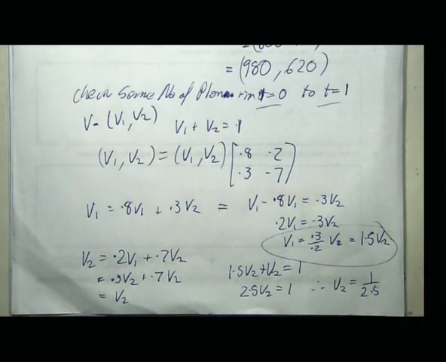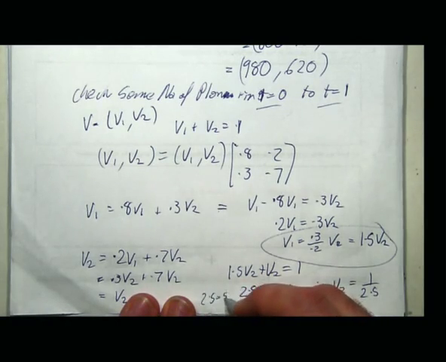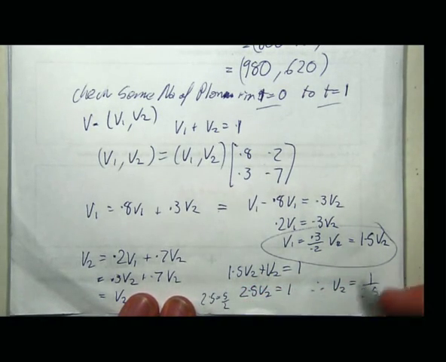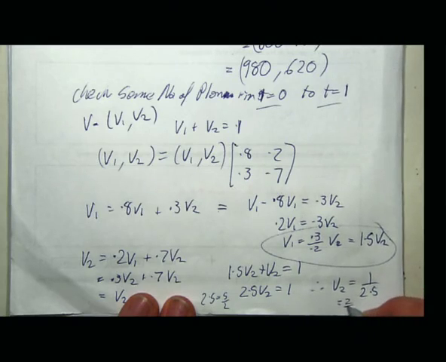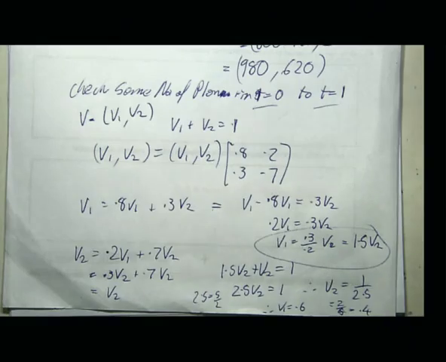And 1 divided by 2.5 is going to be 0.4. 2.5 is equal to 5 on 2, so this is going to be equal to 2 on 5, which is equal to 0.4. And therefore, V1 is equal to 0.6. All right.